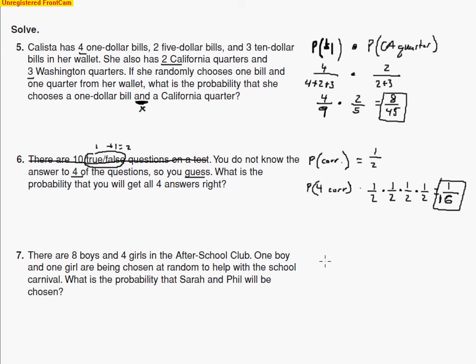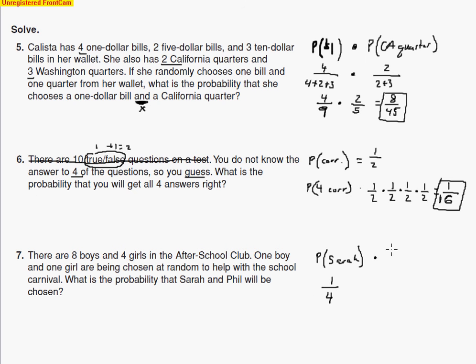And so it doesn't matter whether Sarah got picked. The chances of Phil getting picked are not affected by Sarah getting picked. So we've got 2 different events, 2 independent events. So the probability of selecting, let's go with Sarah first, is going to end up being 1 out of 4 because she is 1 girl out of 4 total.